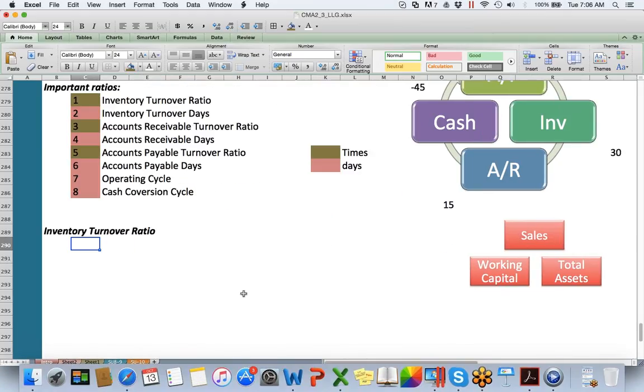Okay, inventory turnover ratio. Inventory turnover ratio explains the number of times inventory is converted into sales.